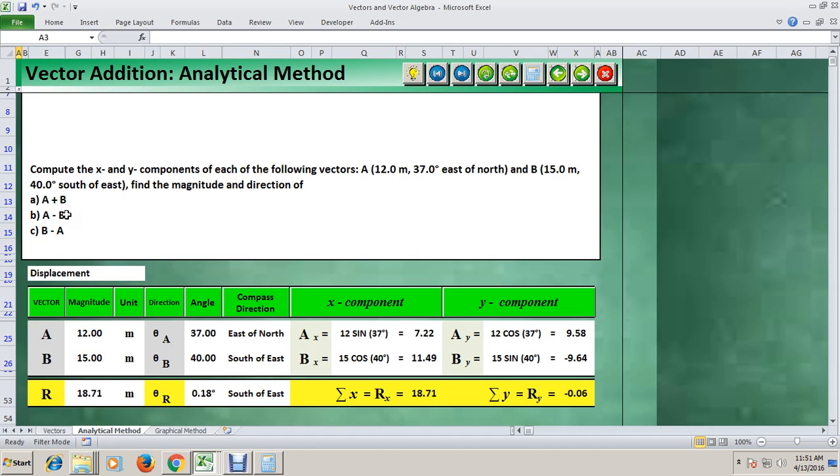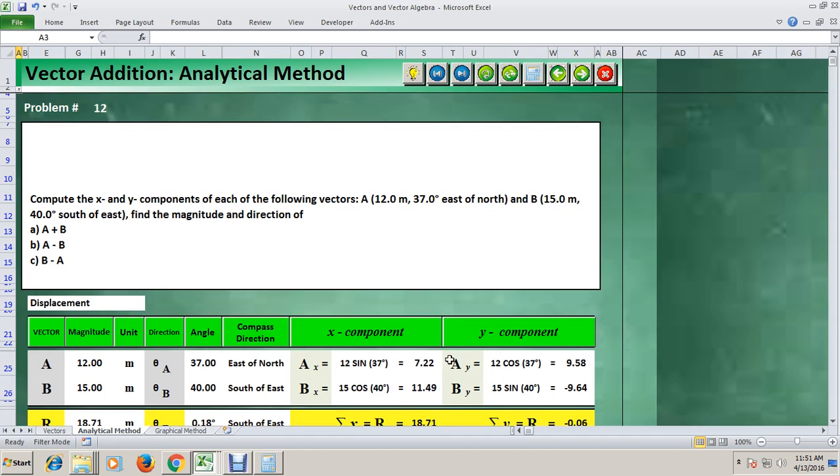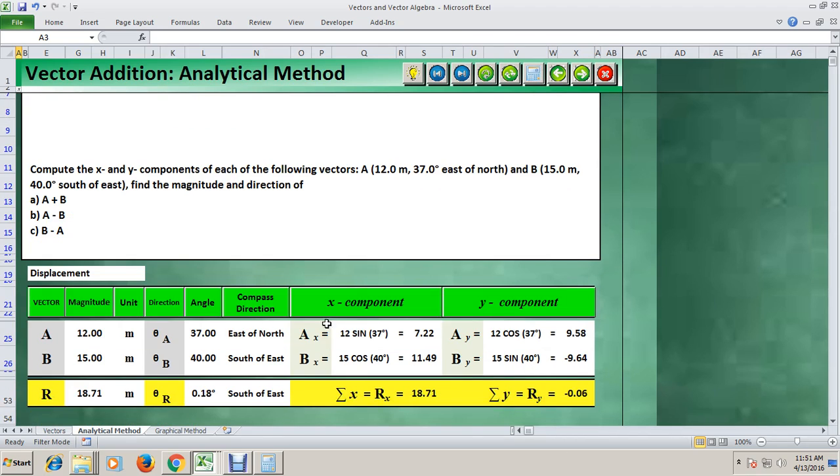we have no problem in computing for letter A because it is already computed here. This computation is actually your letter A, vector A plus vector B. Now, just take note of the signs of the components.